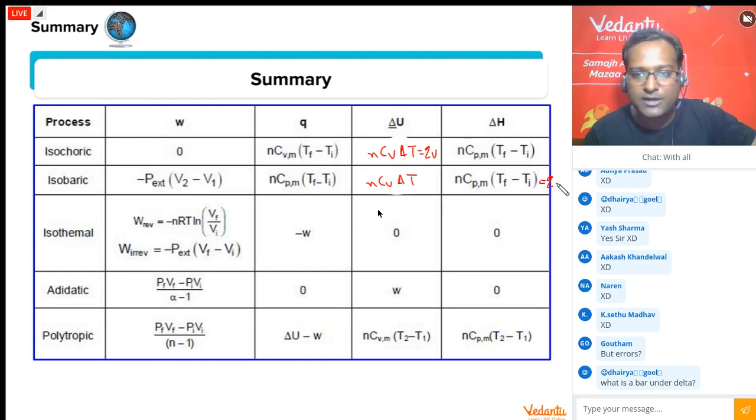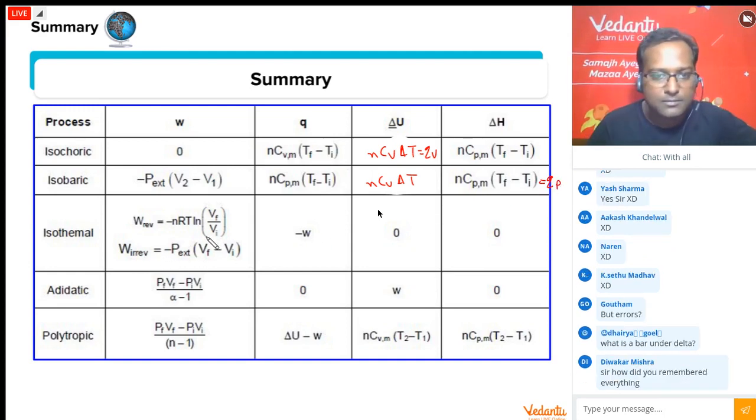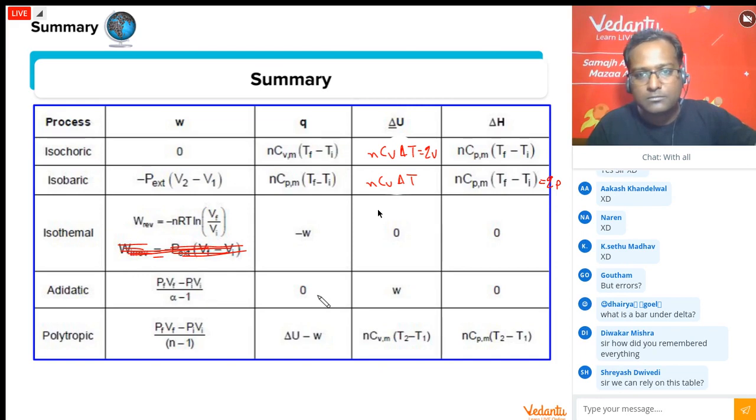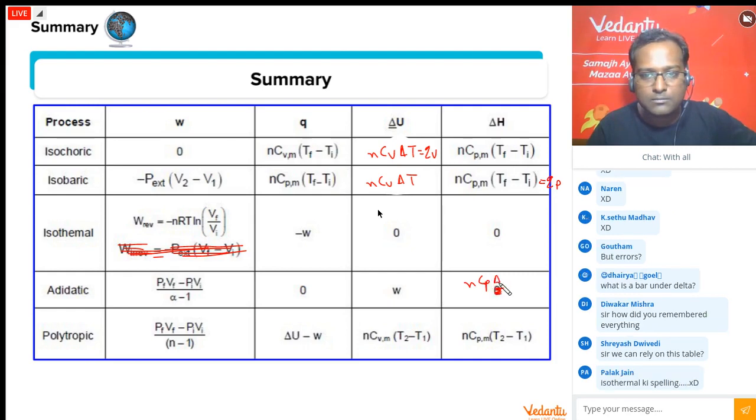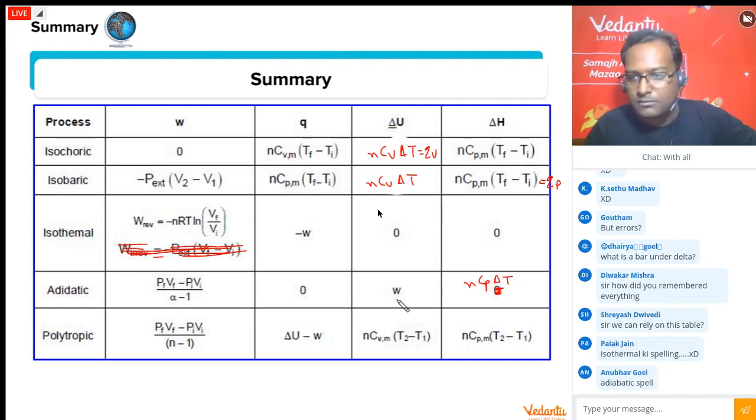I have no idea why it is there. अरे यार, let me correct it.